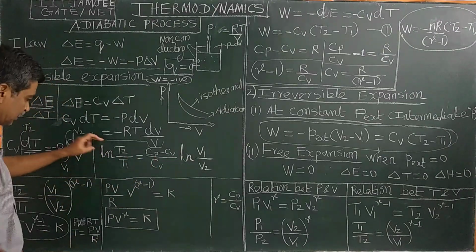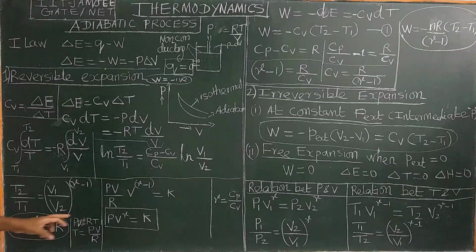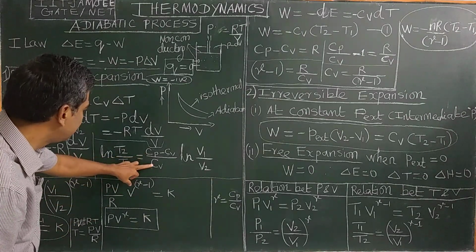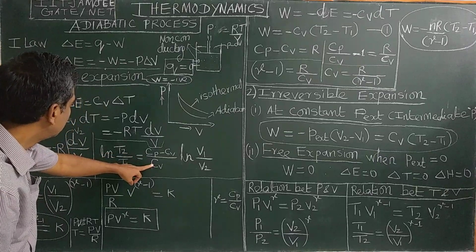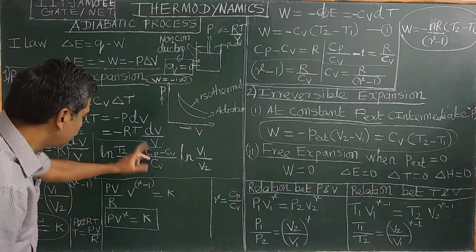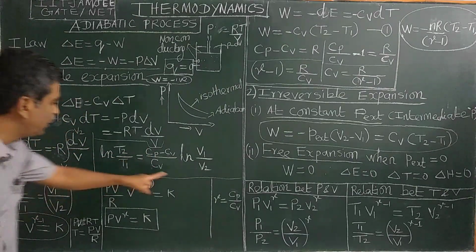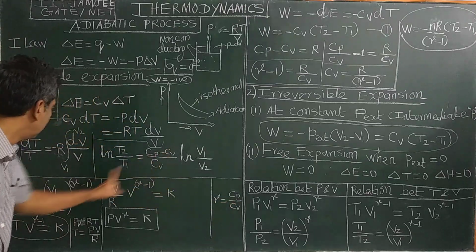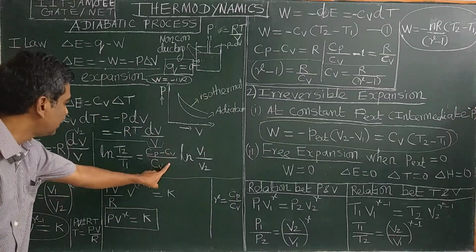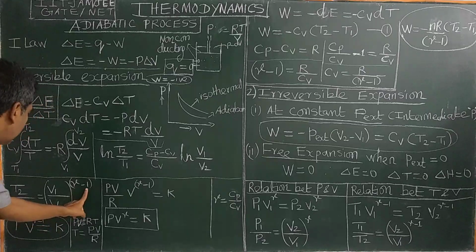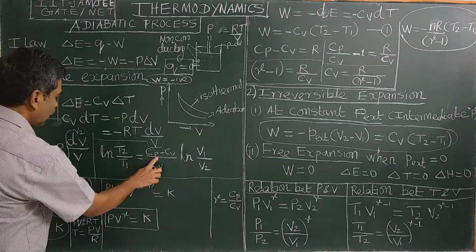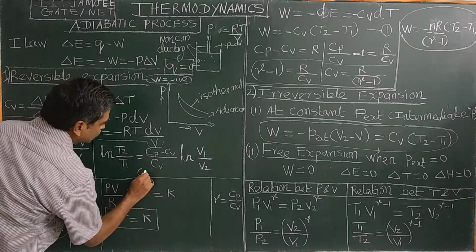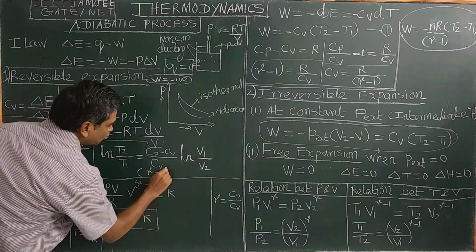This is nothing but Cp by Cv. What is Cp by Cv? Cp by Cv is gamma. Therefore, this expression will be gamma minus 1.